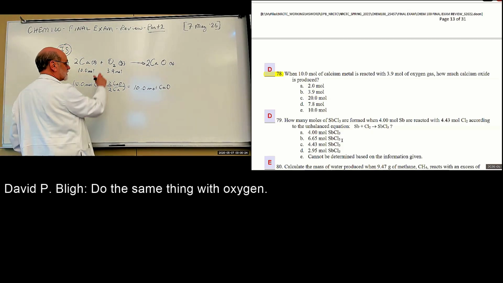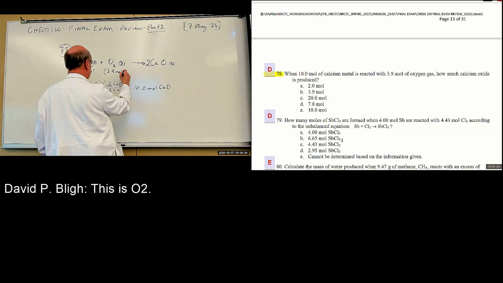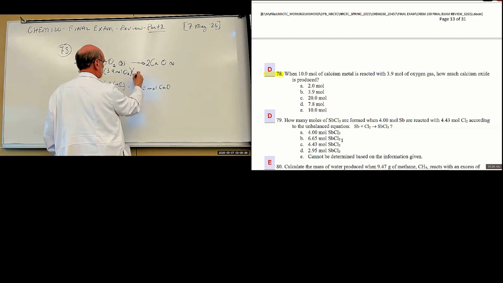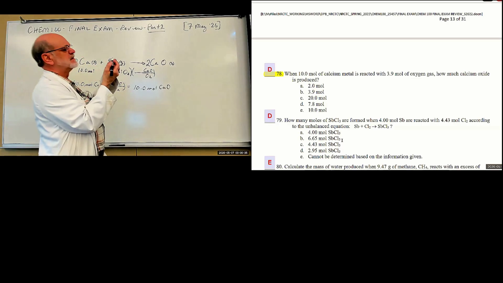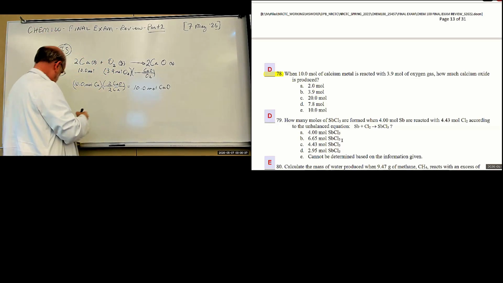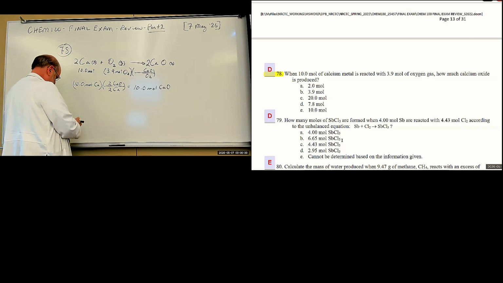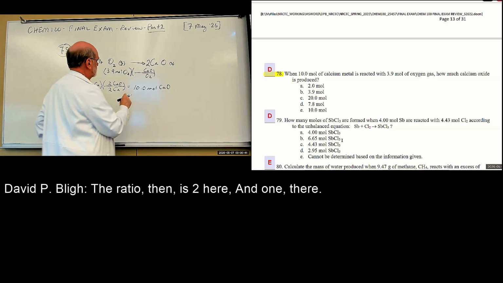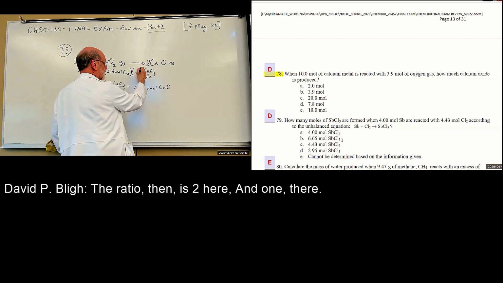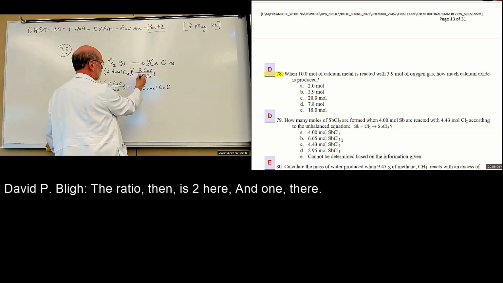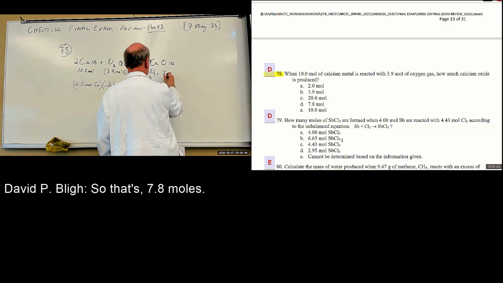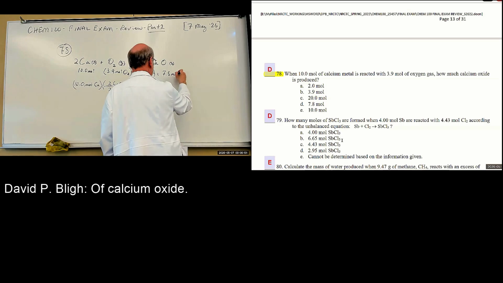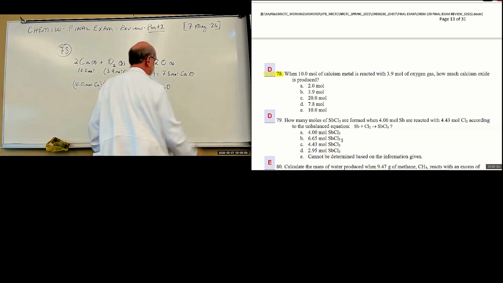Do the same thing with oxygen. This is O2, O2 here, calcium oxide there. The ratio then is 2 here and 1 there. So that's 7.8 moles of calcium oxide.